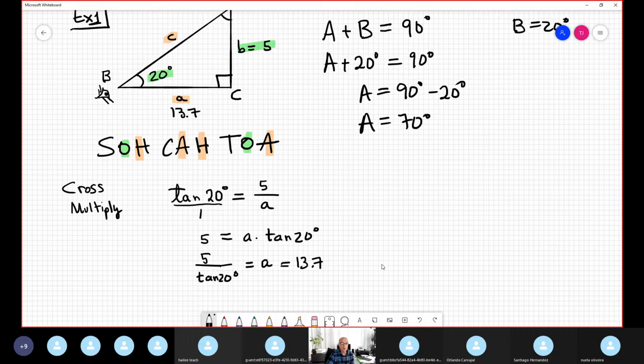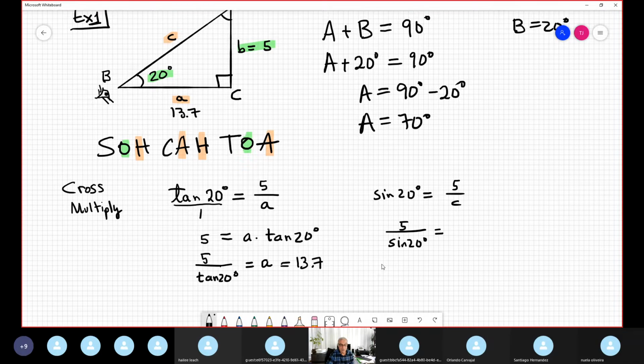13.7. Okay. Now to find the hypotenuse, what trigonometric function do you recommend me using? Sine. Sine, very well. Sine 20 is equal to the opposite, which is 5, divided by the hypotenuse, which is C. Okay, opposite, adjacent, so it's similar, no? So 5 times 1 is 5 divided by sine 20.